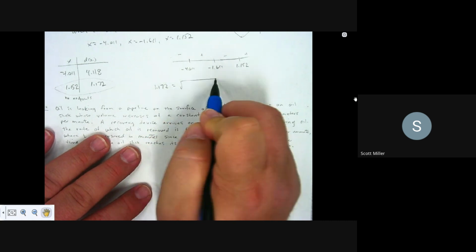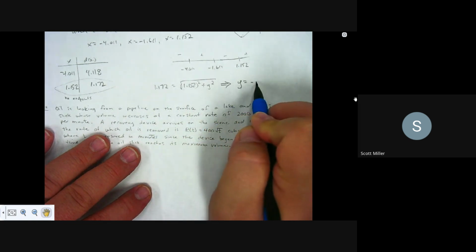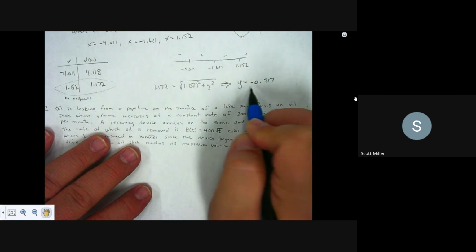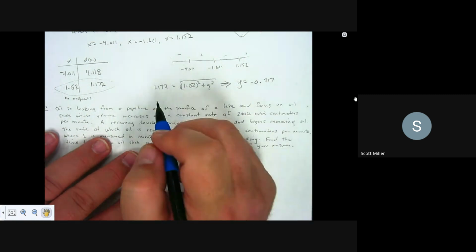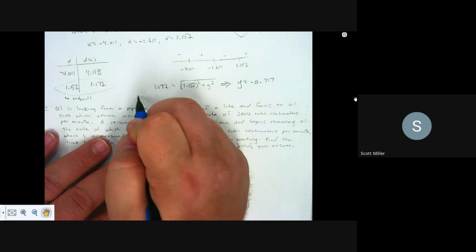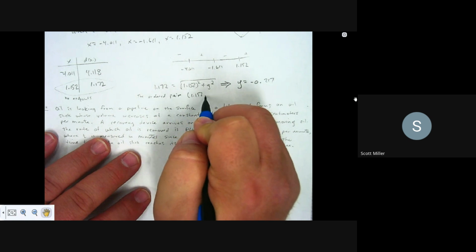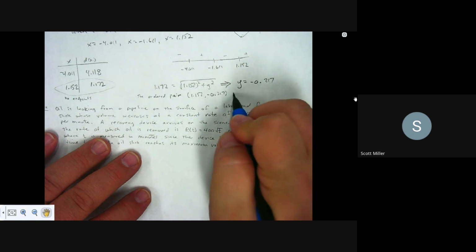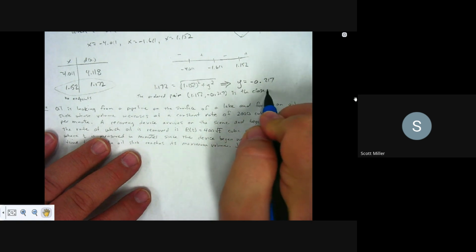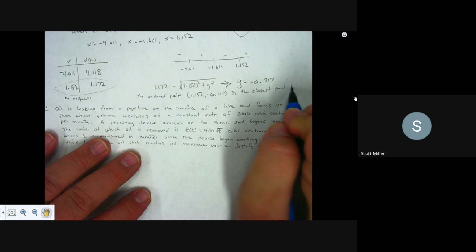1.172 equals the square root of 1.152 squared plus y squared, and then that gives us a y value that is a negative 0.217. Okay, so the ordered pair, the point 1.152, negative 0.217, is the closest point to the origin.